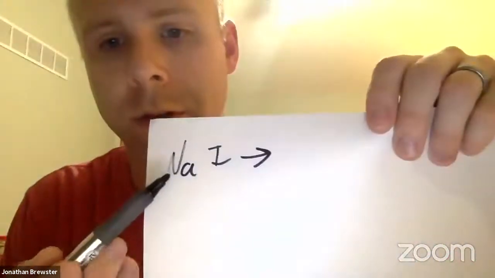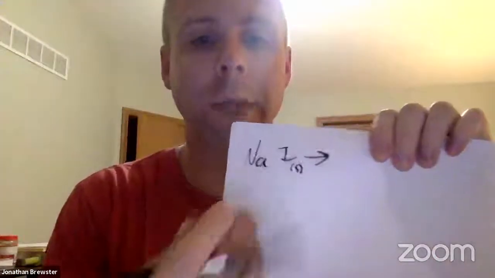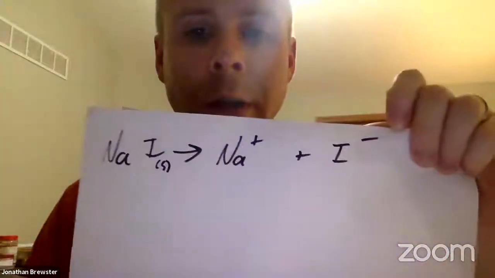The iodine is coming from the NaI. This is a solid, it's a salt, and you put it in water. What happens? It ends up being dissolved. When it dissolves, those two ions separate, Na+ and I-.